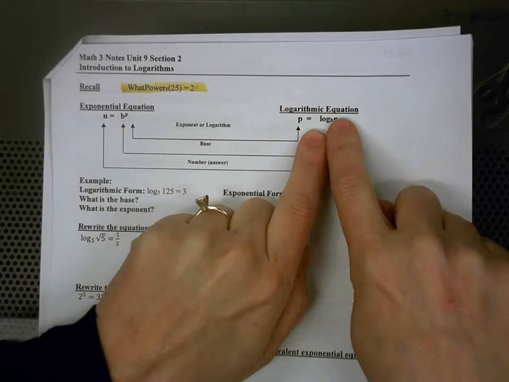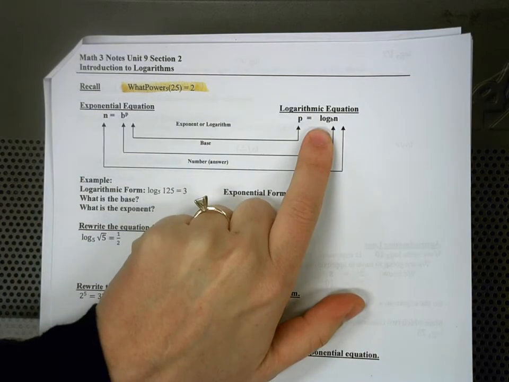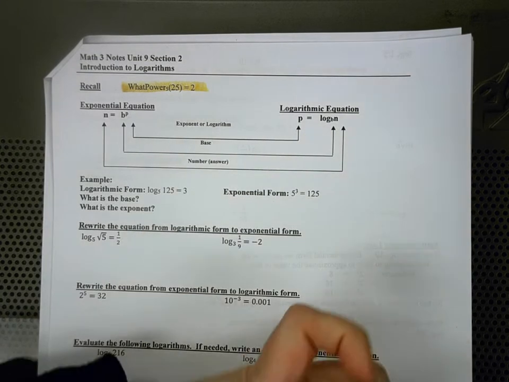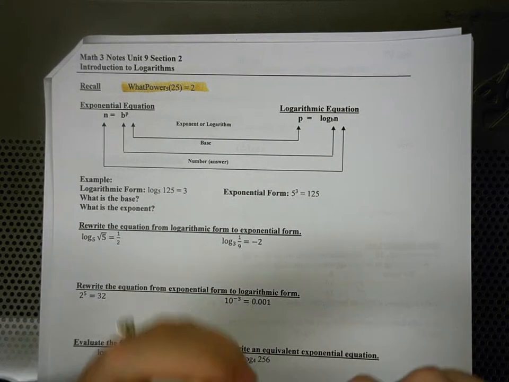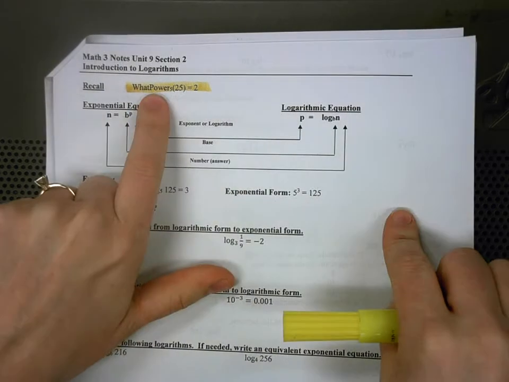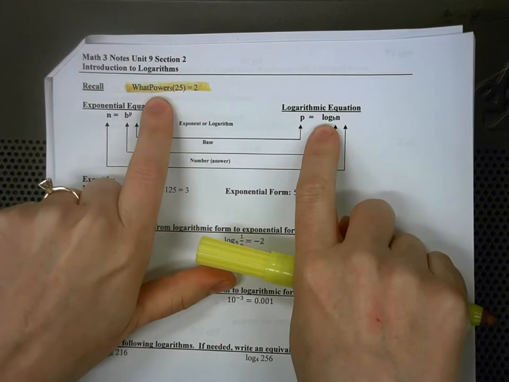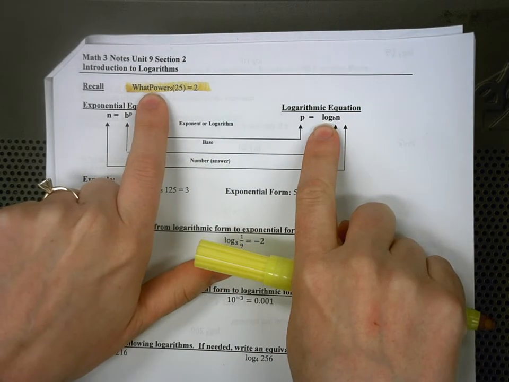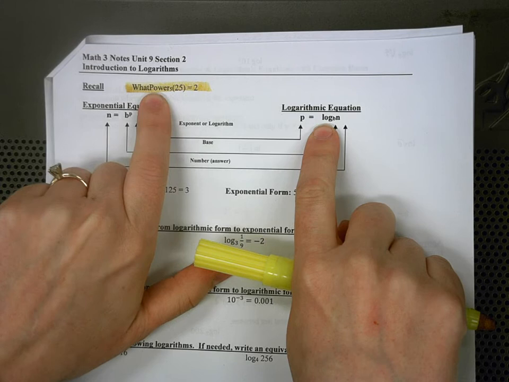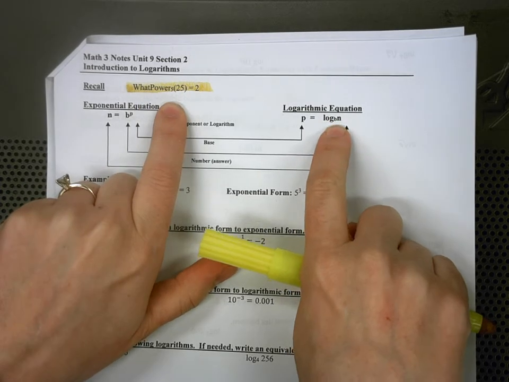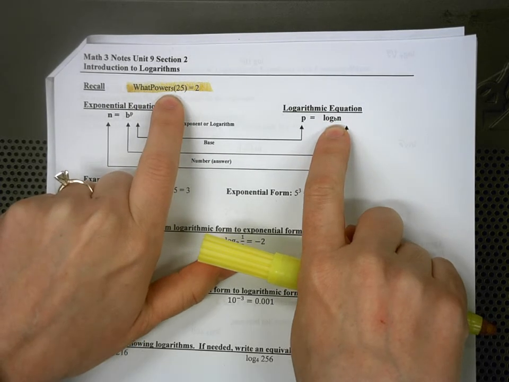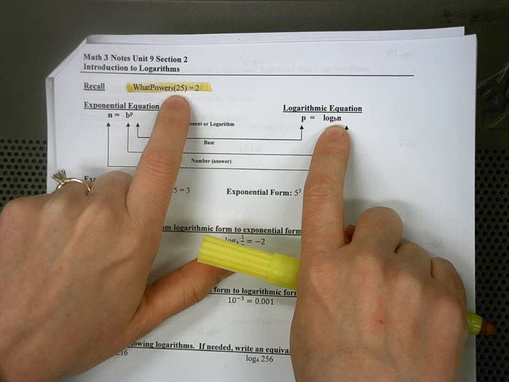So in the previous section, instead of writing what power, we're going to write logarithm. So those are the same parts right there. The b, the little tiny b here, is going to stand for the base, which in the example above is a 5.